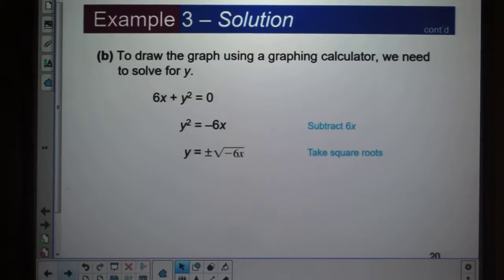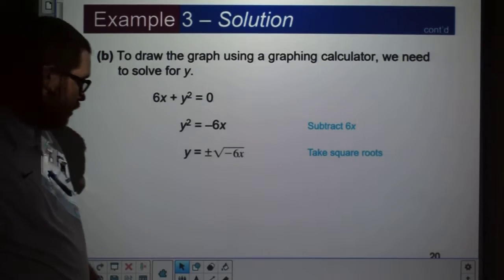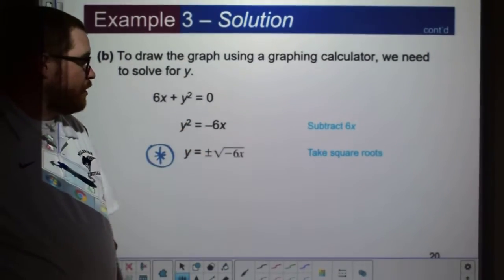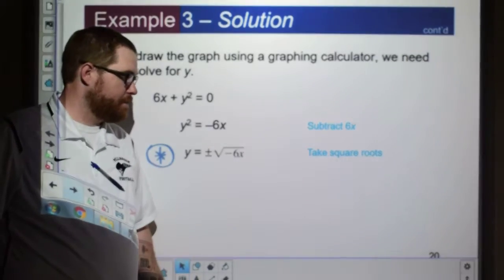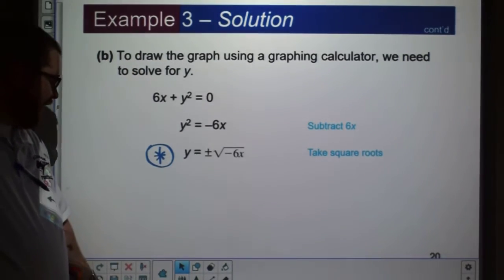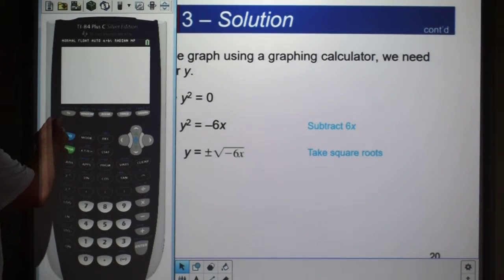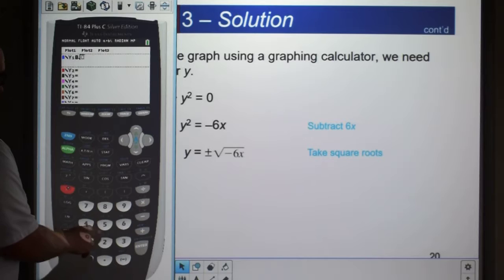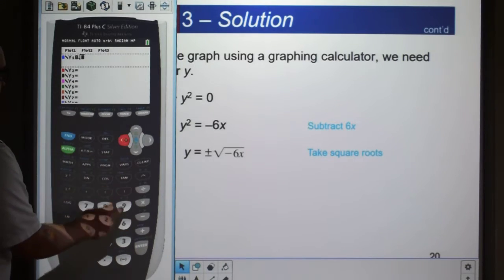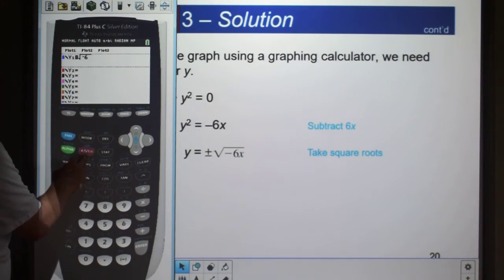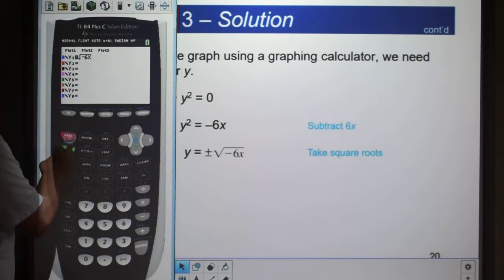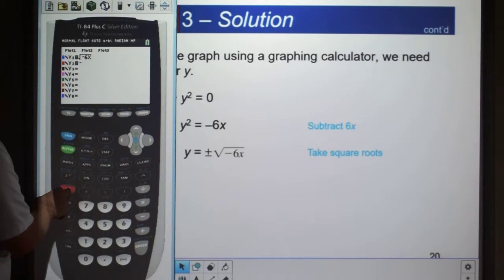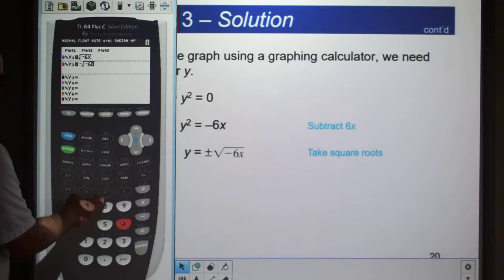But again, how do I graph it in my calculator? If I solve, this is the big step. When you take the square root of both sides, it's going to be plus or minus. But remember, you can't graph plus or minus in your calculator. So you're going to have to graph one of them as square root of negative 6x, and the other one as negative square root of negative 6x.